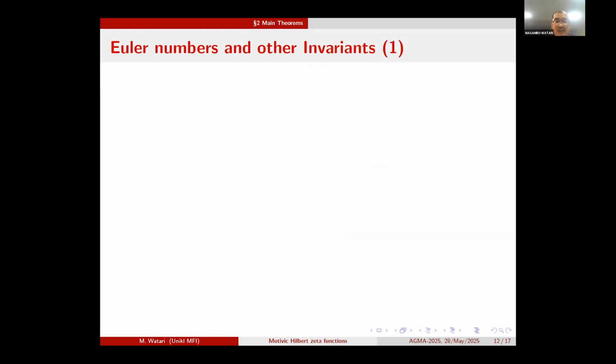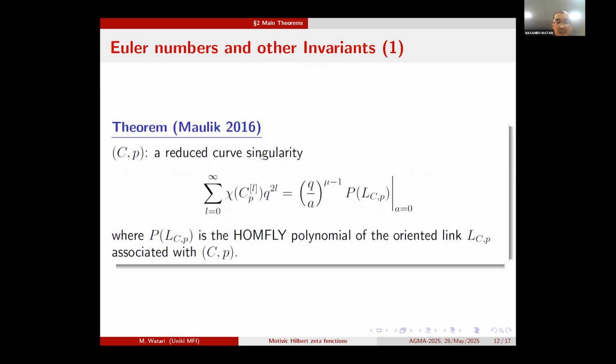And next, let's briefly recall some known results about Euler numbers and other invariants. In 2016, Maulik proved the following relation. For a reduced curve singularity, the generating function of Euler numbers of punctual Hilbert schemes is equal to the right-hand side expression.